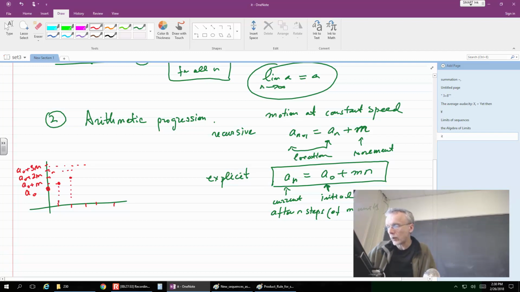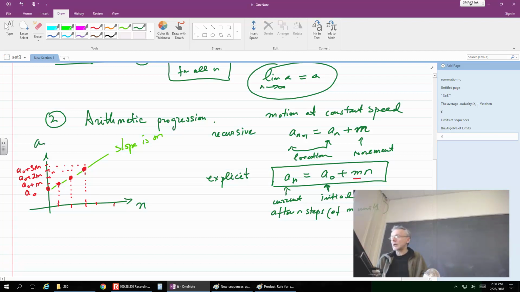That is why I called it m, because usually we use the letter m for the slope. So m is the slope of this line, even though it's not a complete line, only made of points, there's still a line behind it, and its slope is m. So these are n's and these are, say, a's.